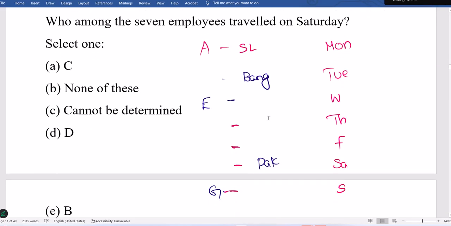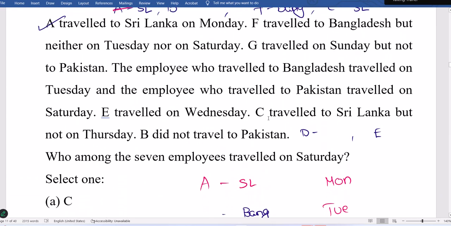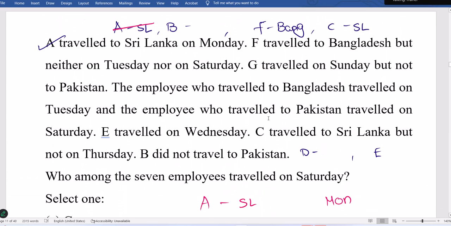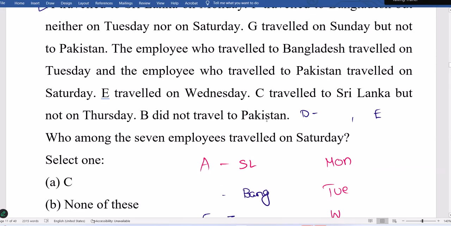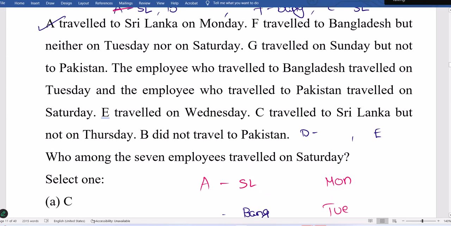B did not travel to Bangladesh, so Pakistan. Now, so what can be done? See, we need to map this one by one. E traveled on Wednesday, which I think we already assigned. We have a condition: minimum two members for each country.